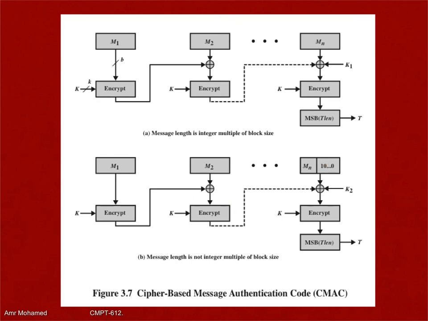But if the message is not an integer multiple of the block size, then we use padding as we did before, and in that case we use K2, which is different from K1. So if the message is a multiple of the block size, we use K1.